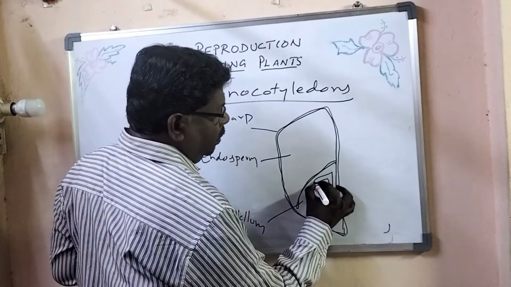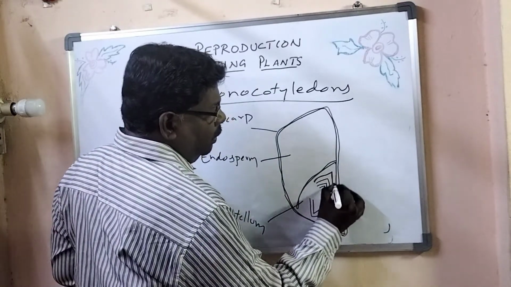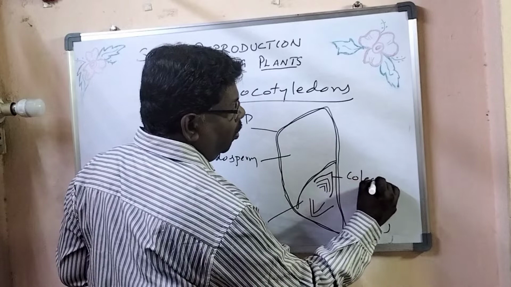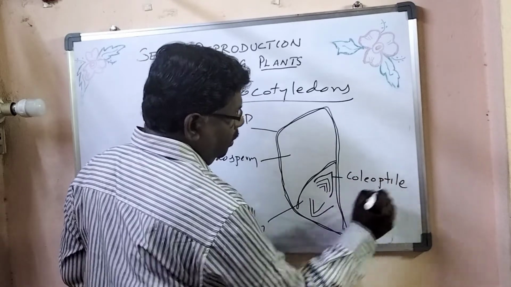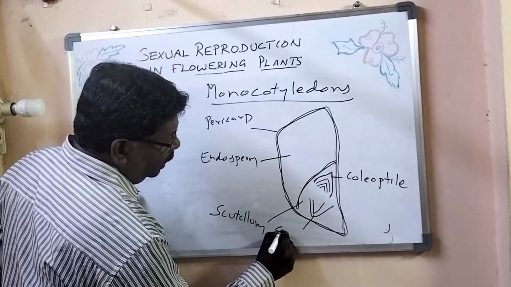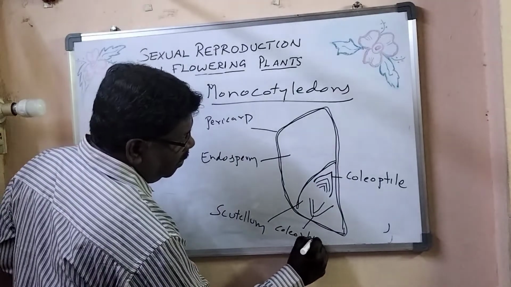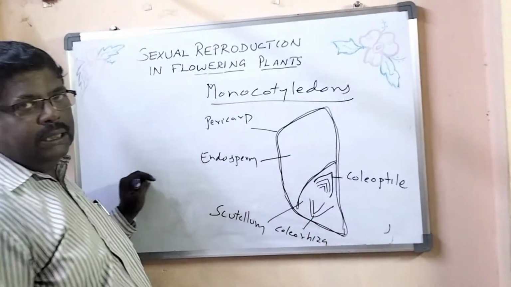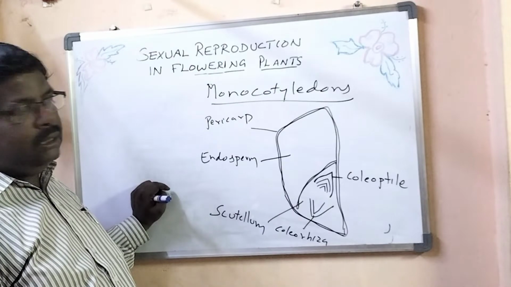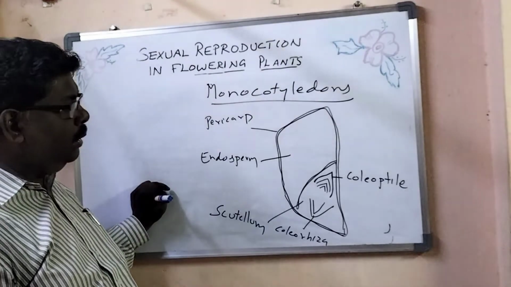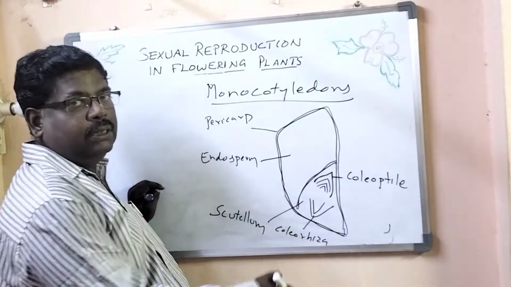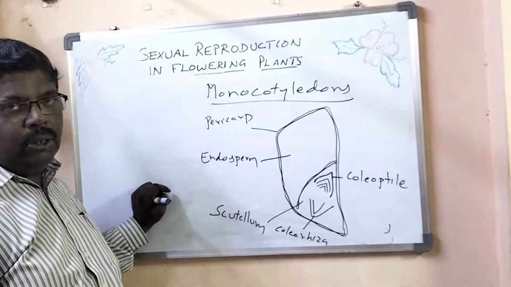This one is called coleoptile, and here it is called coleorhiza. The membranous sheath that covers the plumule is called coleoptile, and similarly the sheath that covers the radicle is called the coleorhiza.